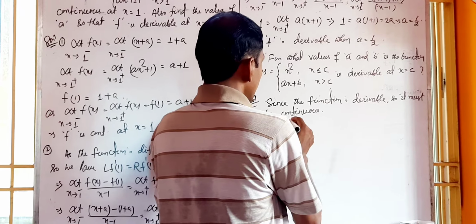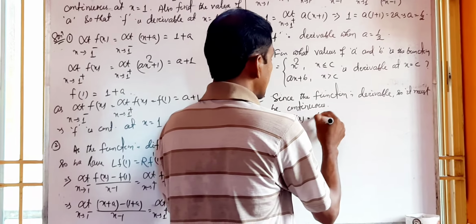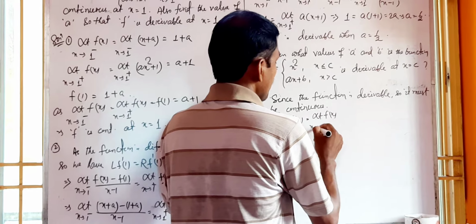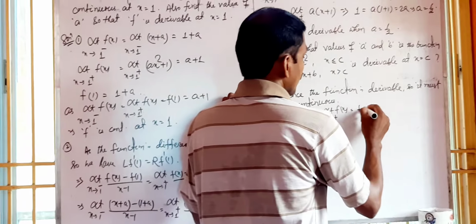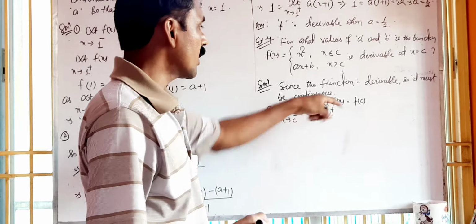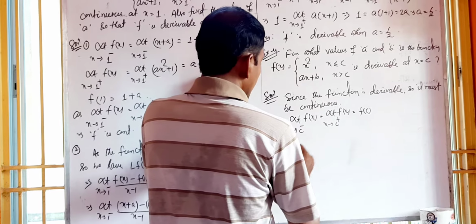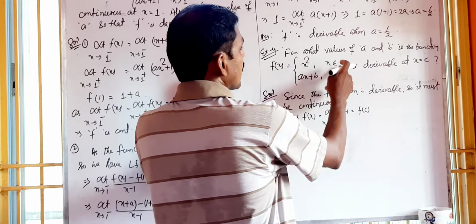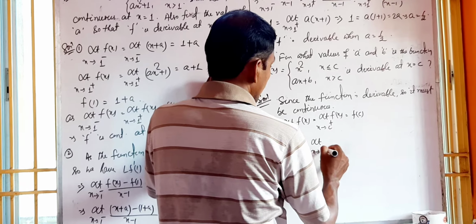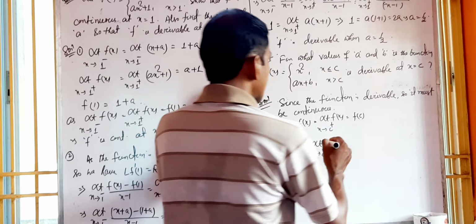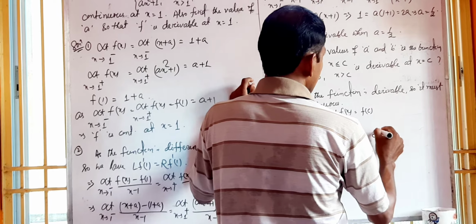So we have limit of f of x as x tends to c minus equal to the right hand limit equal to f of c. This is our definition of continuity. Now the limit x tends to c minus, f of x for x less than c is x square, equal to limit x tends to c plus, where the value is ax plus b, equal to f of c, c square.